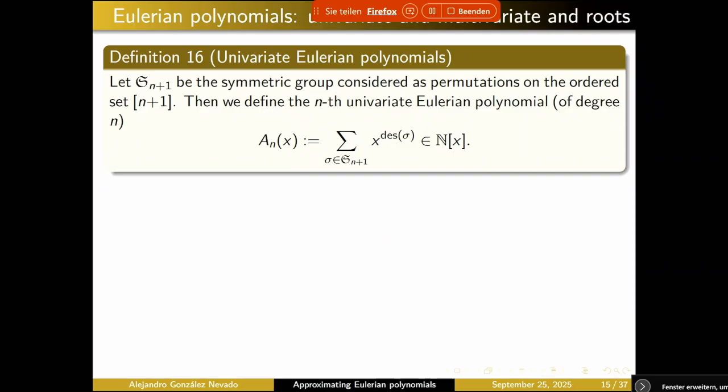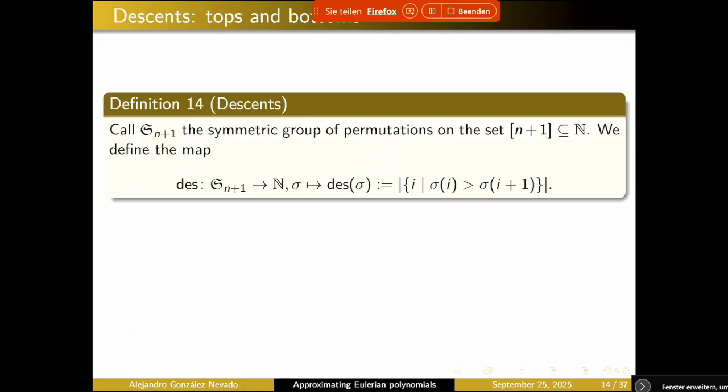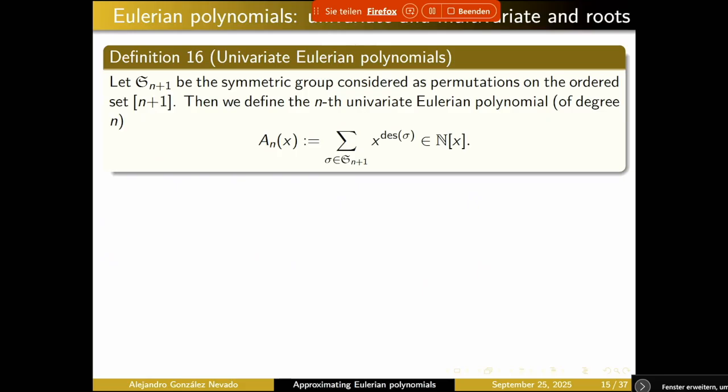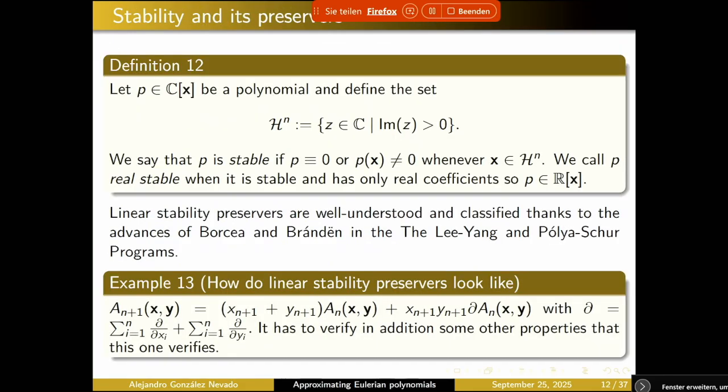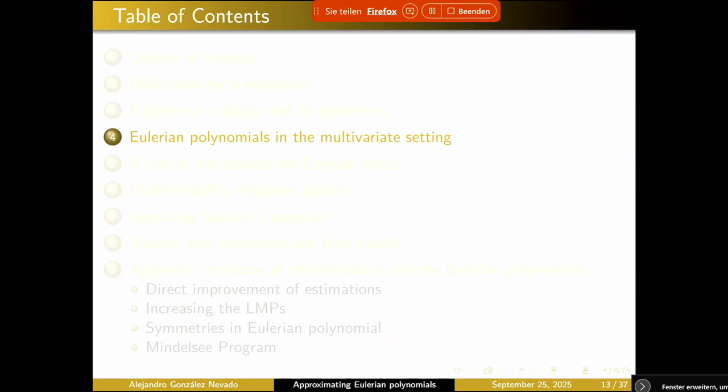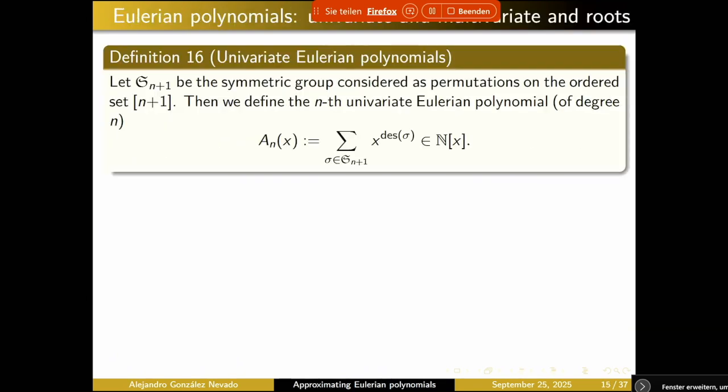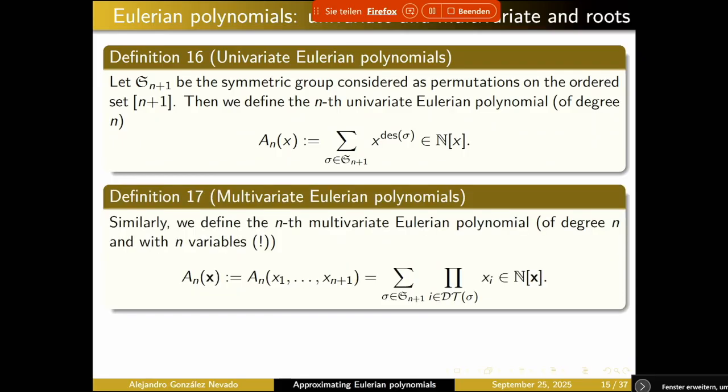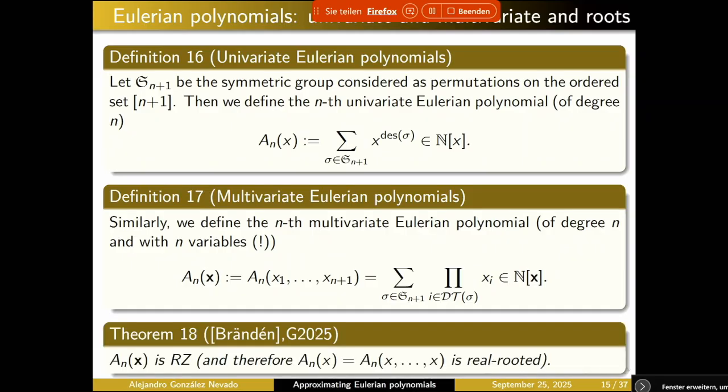He builds a polynomial that, when you study what this combinatorial thing does, is built in this way. This combinatorial sequence is built in this way, using a stability preserver. So you are carrying a lot of combinatorial information, a lot more than here, into these multivariate polynomials that are the ones that Brändén defined.